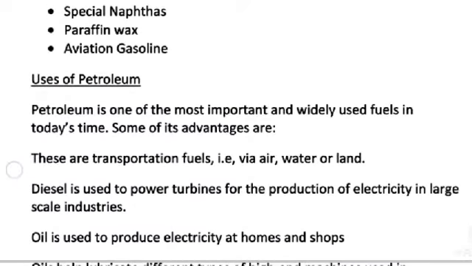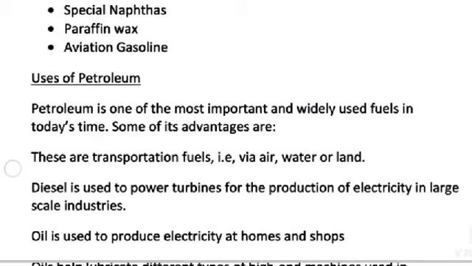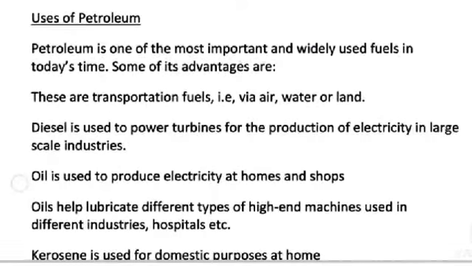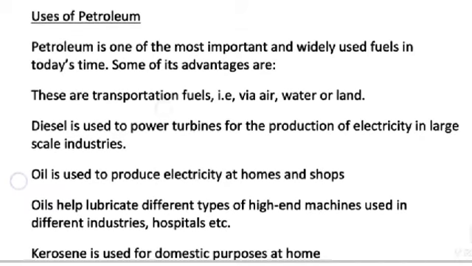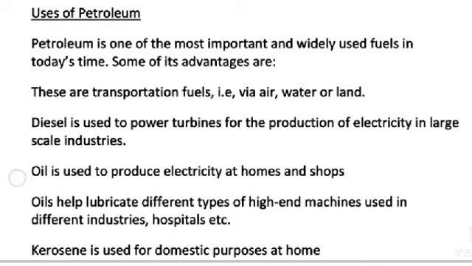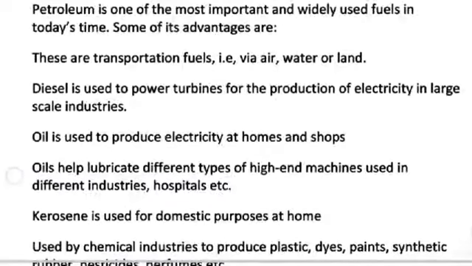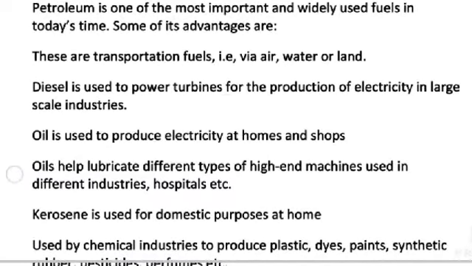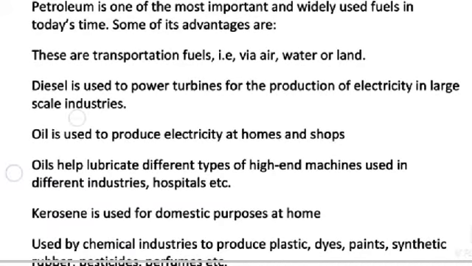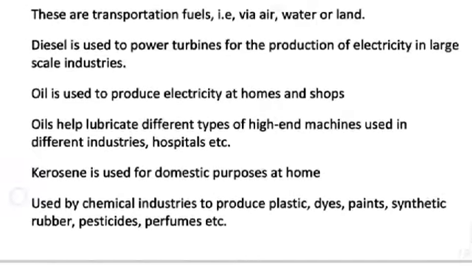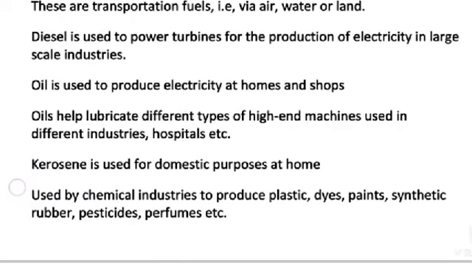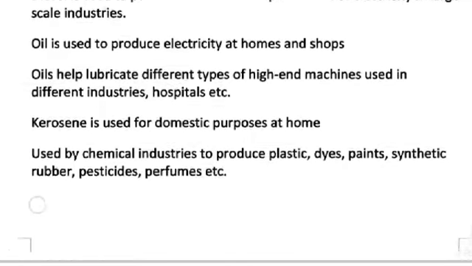Use of petroleum. Petroleum is one of the most important and widely used fuels in today's time. Some of its advantages are: these are transportation fuels, via air, water or land. Diesel is used to power turbines for the production of electricity in large scale industries. Oil is used to produce electricity in homes, and soaps.